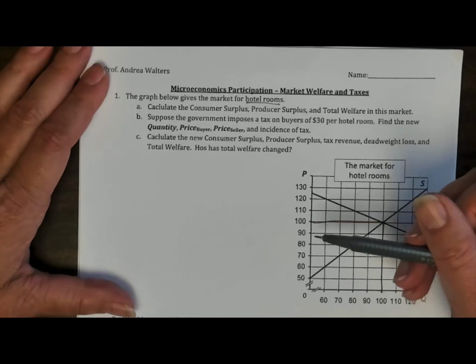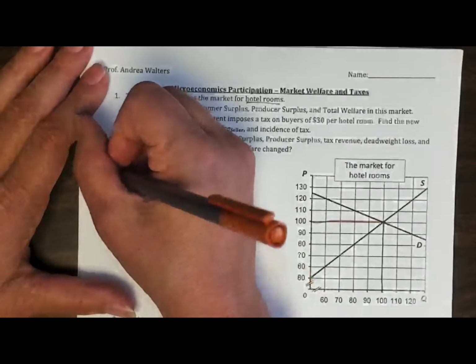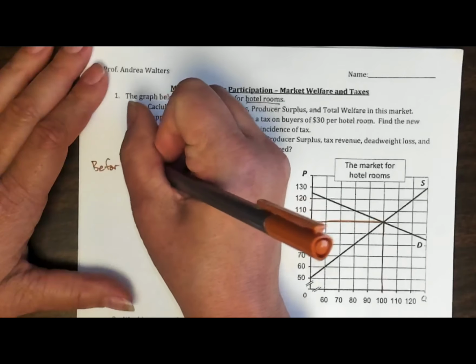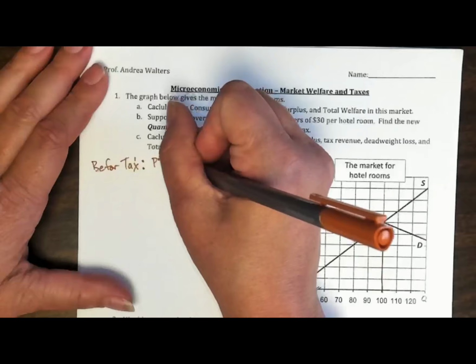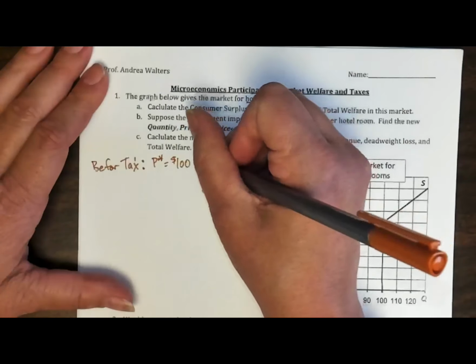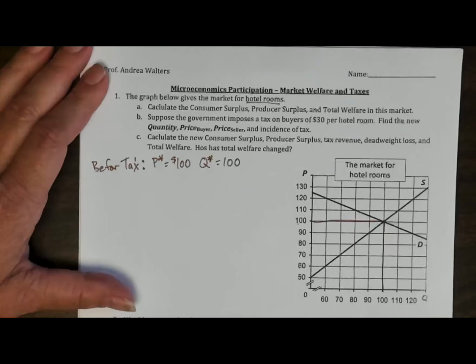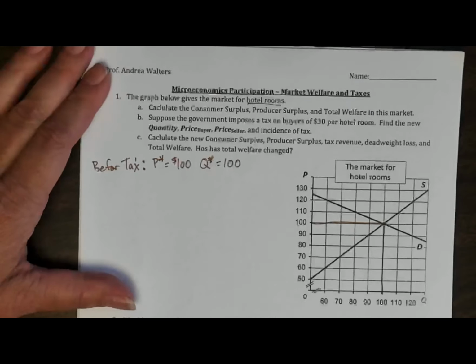And so our equilibrium price is going to be right here at $100 and 100 hotel rooms. So before the tax, I'm going to just write this out. We have a price of $100 and a quantity in equilibrium of 100 hotel rooms. And that's just nice to have as a starting point so we know where we're going with this.